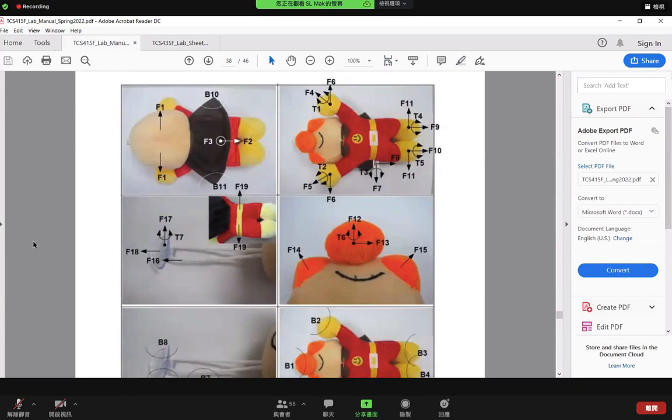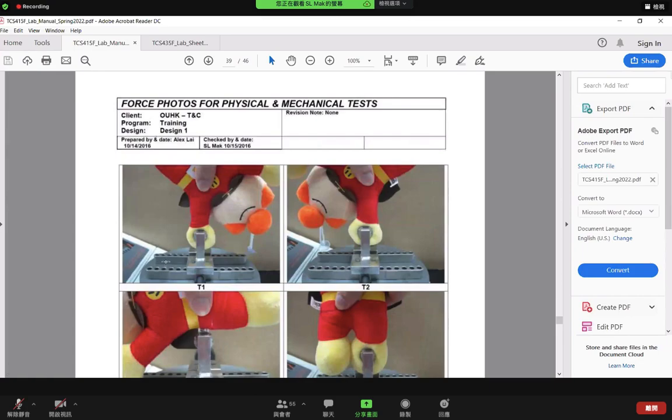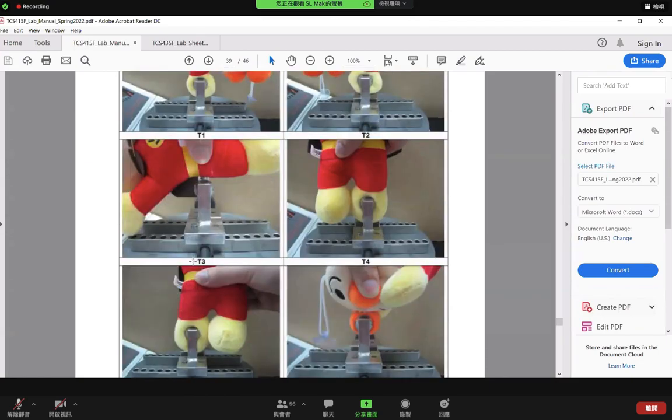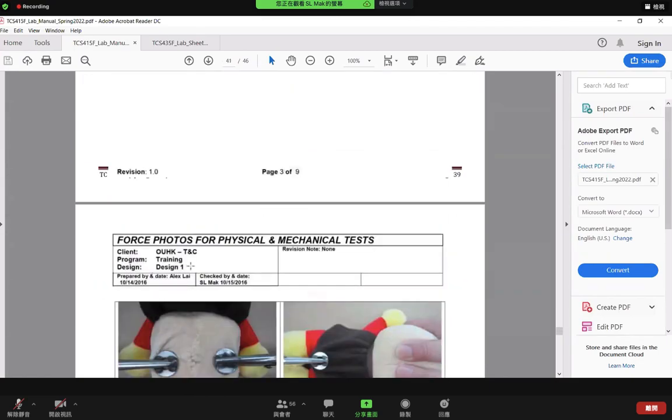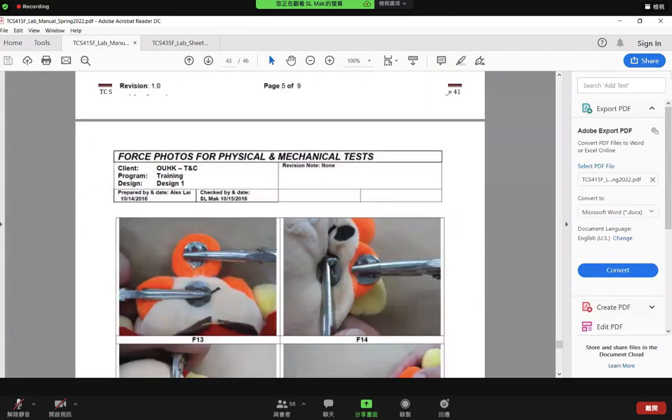A force diagram is provided. It means I already taught you how to carry out the test, such as tension, torque. This is the diagram to show how you should apply the torque, which location you should apply the torque test. You should carry out all tests on these plush toys.